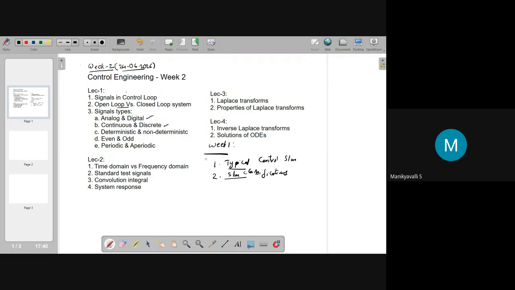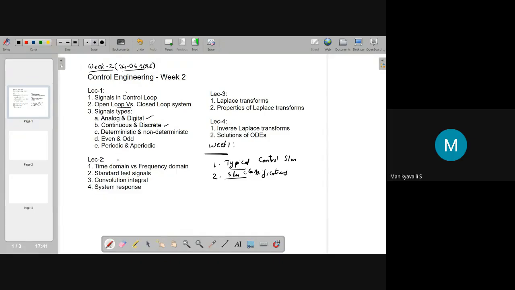Now in this week, we are going to learn some more things needed for designing a control system, like controllers and signals. What are the signals used in a control loop? Typical control signals in a control loop, open loop versus closed loop, types of signals, and then you will go on to the next lecture.